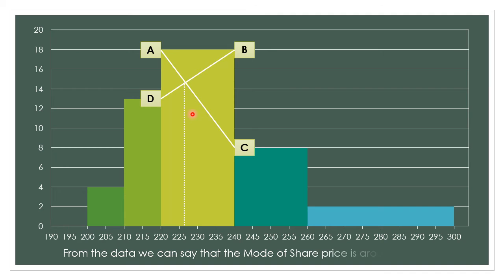So from the data we can say that the mode of share price is around 227 rupees. Okay, so I have drawn A, B, C, D, and I have connected them with two crisscrossing lines, and from the intersection point I have drawn a straight line towards the x-axis, and that gives us the value of the mode.